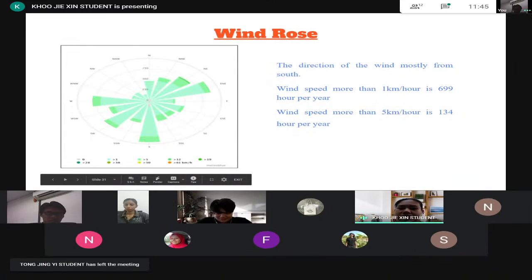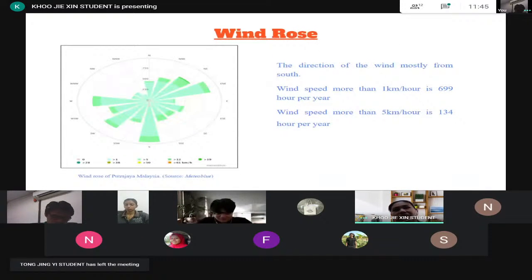This one is the wind rose, the direction of wind that is experienced by Putrajaya.